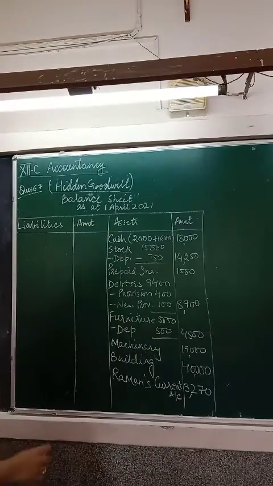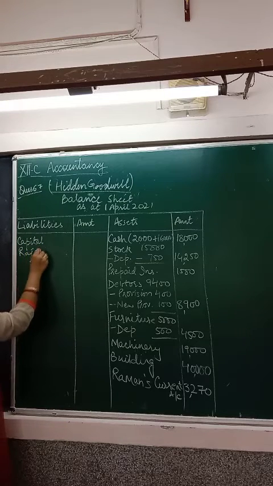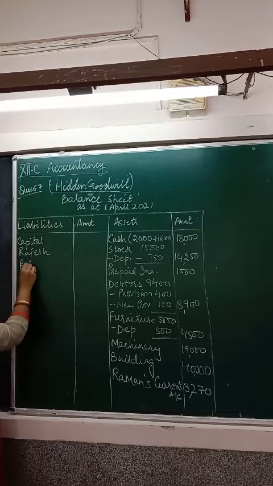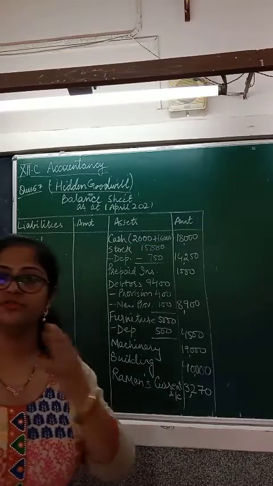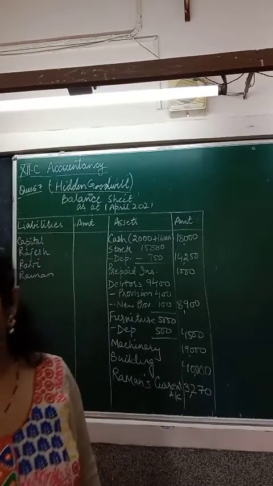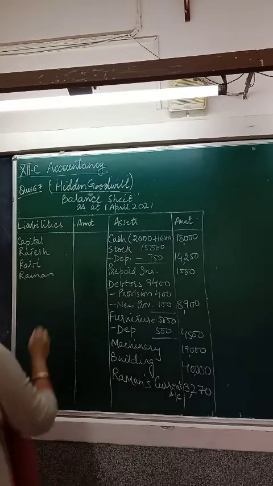Let's move towards the liability side. Here we will first write the capitals. For Rajesh, the new capital; for Ravi's new capital; and for Raman, we already know it is rupees 16,000. So check out the partners' capital account and let us write down the capital balances: 32,825 and then you have 18,090.